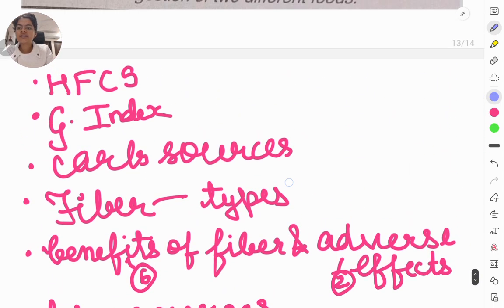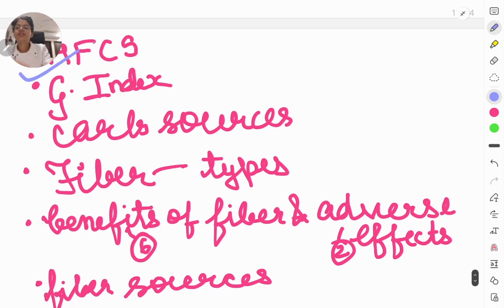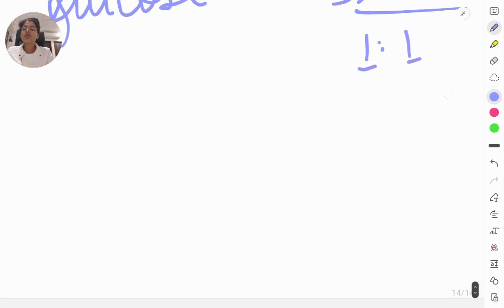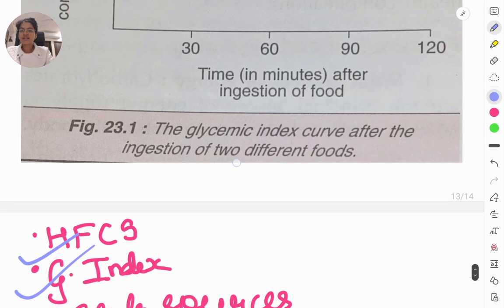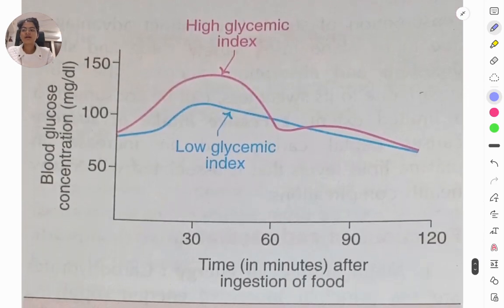Now let's see the next point of today's discussion, which is glycemic index. So the glycemic index is, like this, the blood glucose graph.